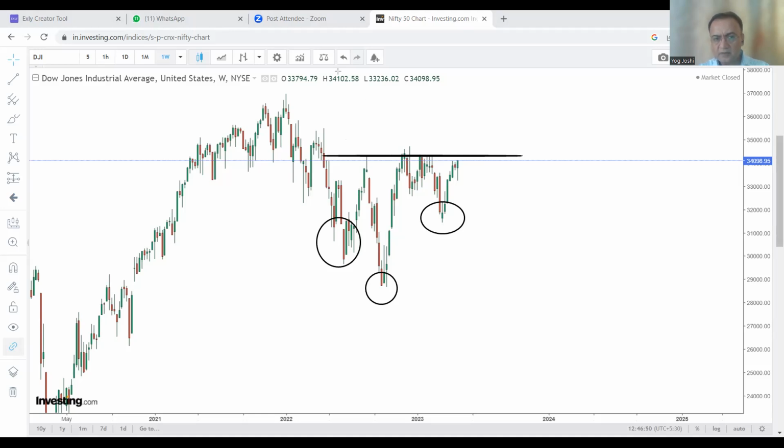So this is the supply zone for the Dow. If this resistance is broken by Dow, on the Dow Jones chart, it might take this level, because the next resistance is here.